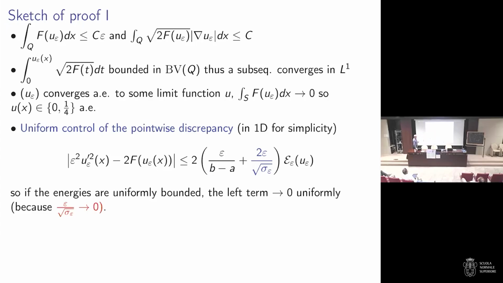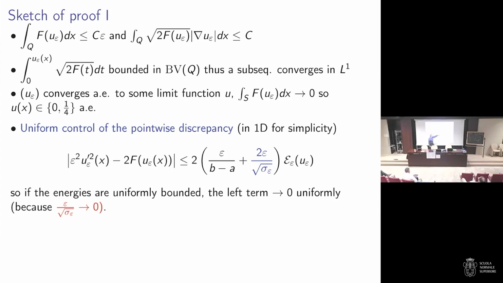So let me maybe illustrate what happens. The first steps of the proof are very classical in phase field approximation. You just get from the control you have that your phase field functions are converging almost everywhere to some limit function u, which takes values 0 and 1 almost everywhere. And you can prove a uniform control of the pointwise discrepancy.